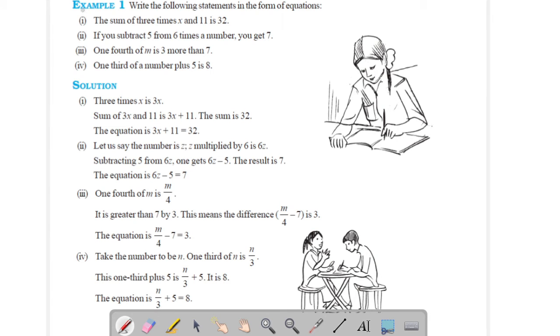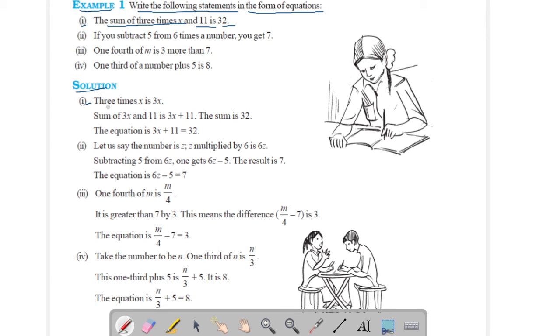Now come to example 1. Write the following statements in the form of equations. Say first part, the sum of 3 times x and 11 is 32. Say the solution.